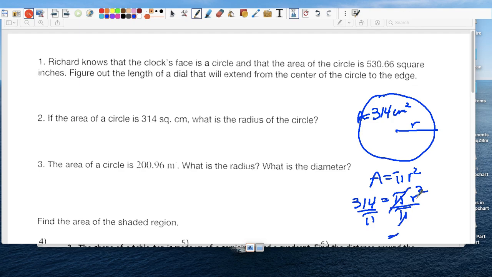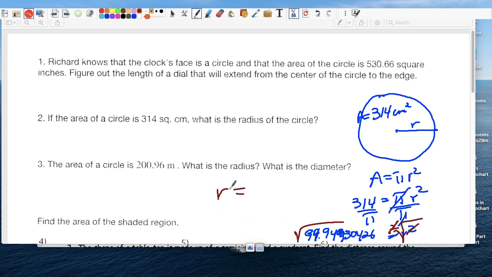Now, 314 divided by pi equals 99 point something, and I'm going to leave that number in my calculator: 99.9436. That's what you're looking at in your calculator, r squared. How do we get rid of the exponent here? We take the square root of both sides, there's an invisible 2 here, and we get rid of that.